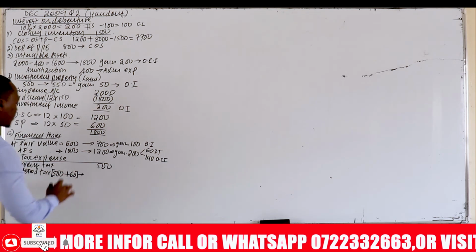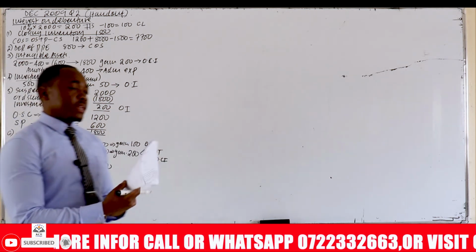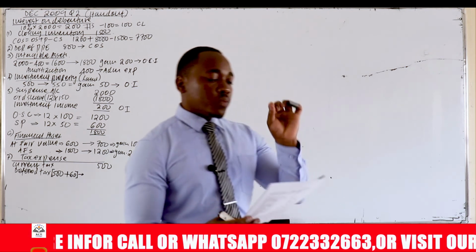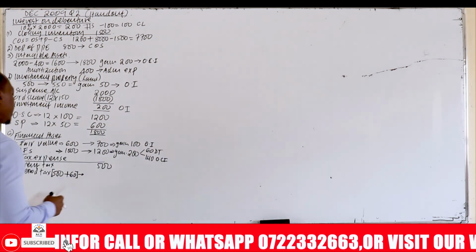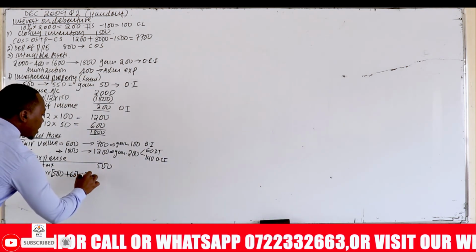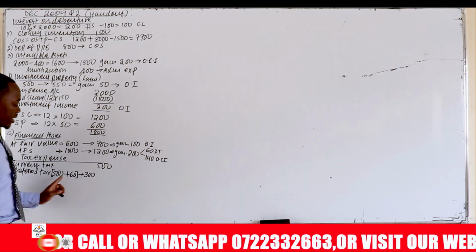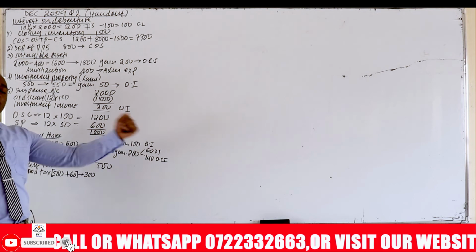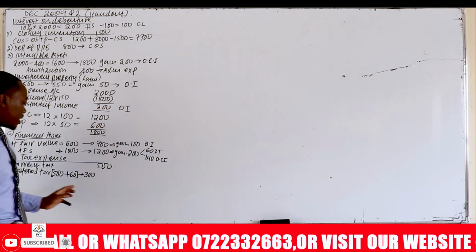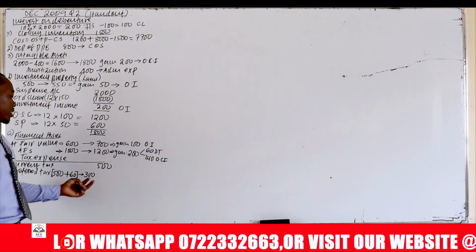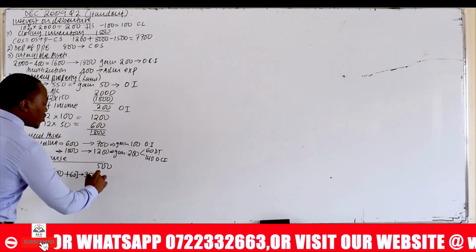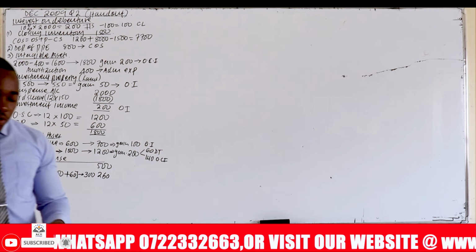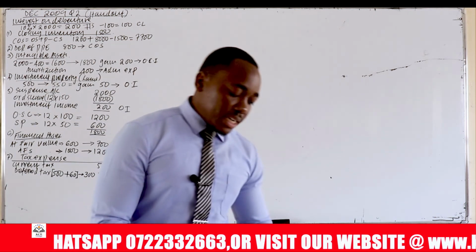But you're told at note number 7, the last point, that the deferred tax liability is to be reduced to 300 million. 500 plus 60, you get 560. But you know that at the end, it was reduced to 300. From 560 to 300, there was a reduction by 260. What did we say about reduction in deferred tax?